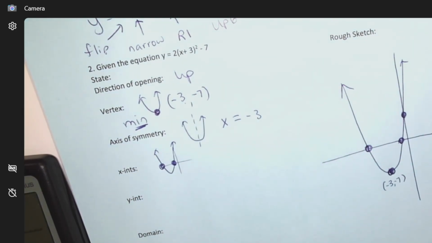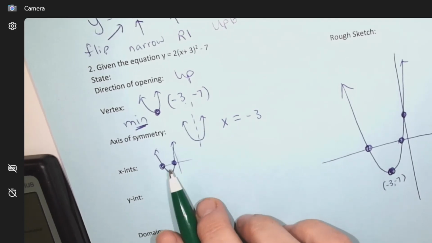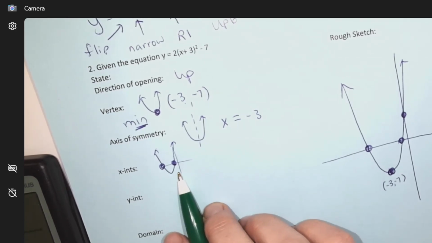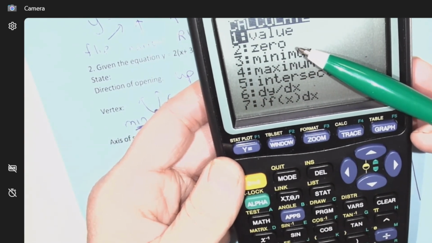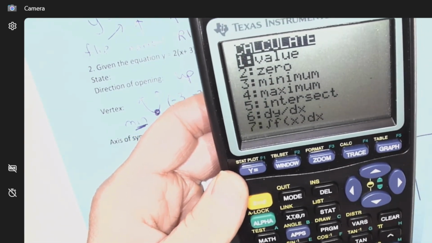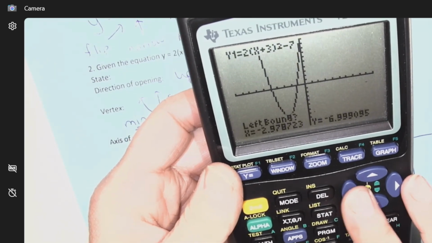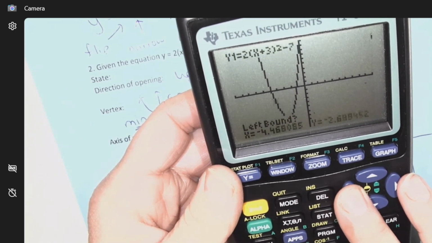Okay, x-intercepts, so there's two of them. I need you to calculate that with your device. So you're doing the second calculate, you're going to be doing the zero. You need to have all of these tools mastered.